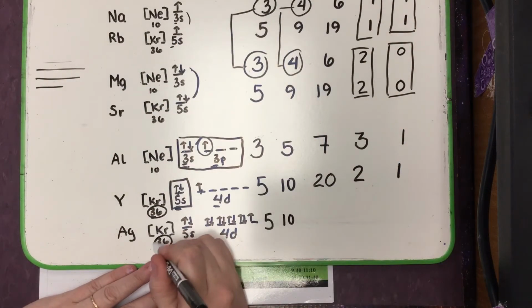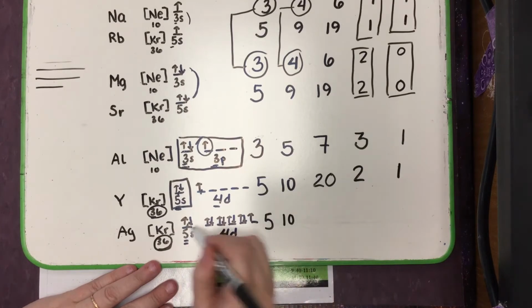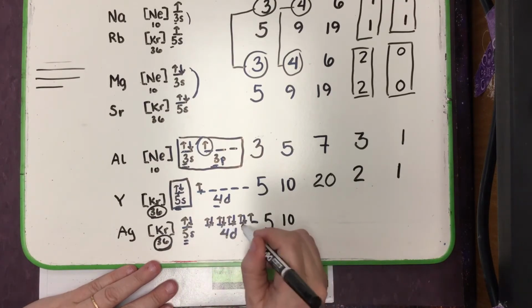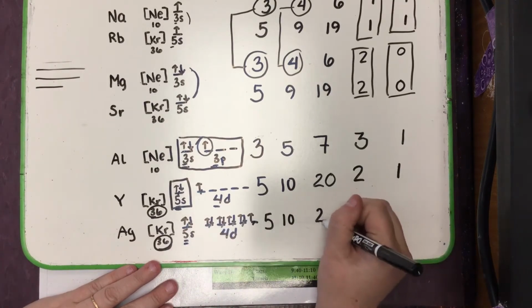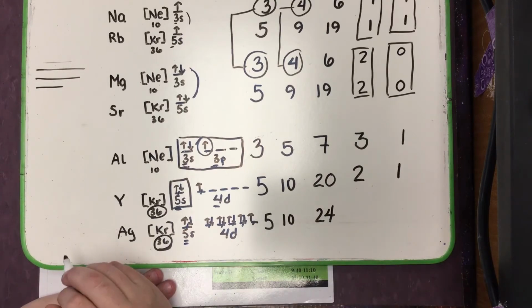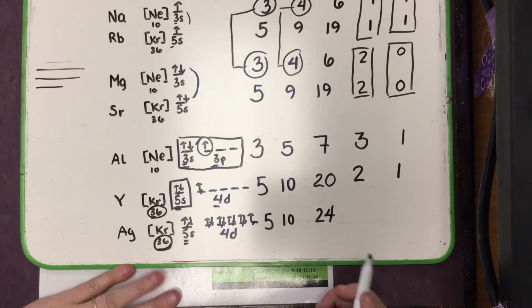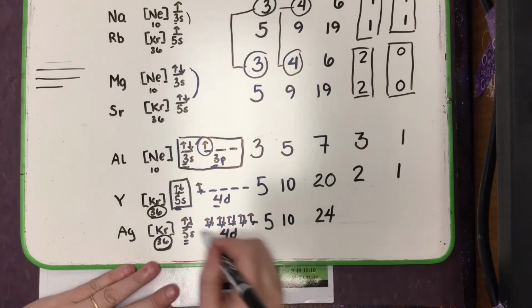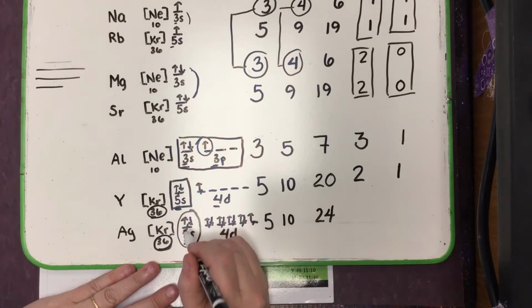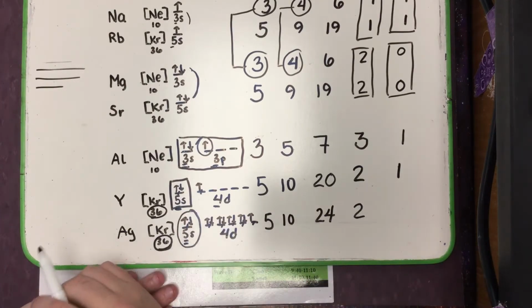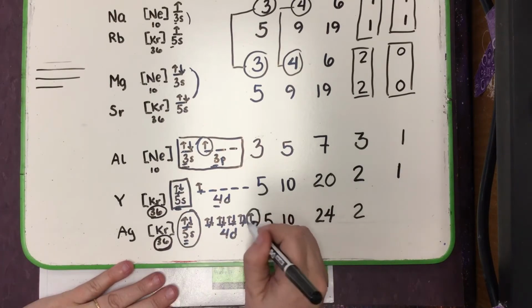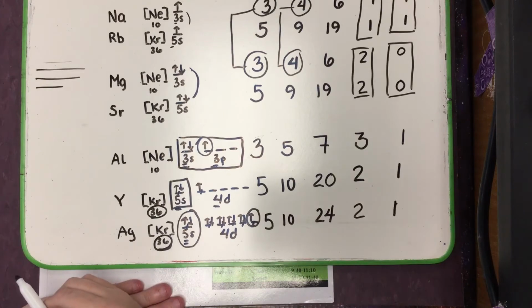Orbitals, 36 divided by 2 is 18, 19, 20, 21, 22, 23, 24. 24 orbitals are now occupied. Valence electrons, the biggest energy level is 5, and there's still only 2 electrons on that outer ring. And then unpaired electrons, all the way at the end, we have 1 electron that doesn't have a partner.